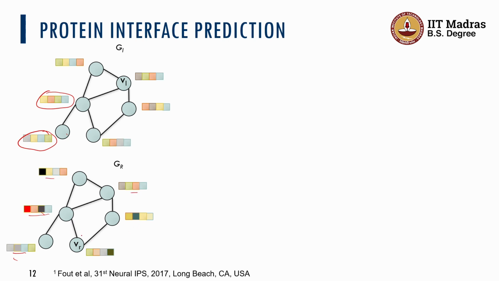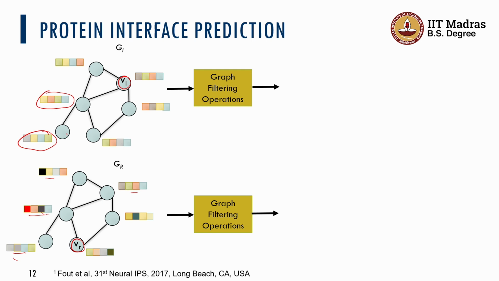What we are interested in is seeing whether node VR and node VL lead to an interaction or not. So we will perform graph filtering operations on this graph GL as well as on graph GR independently.